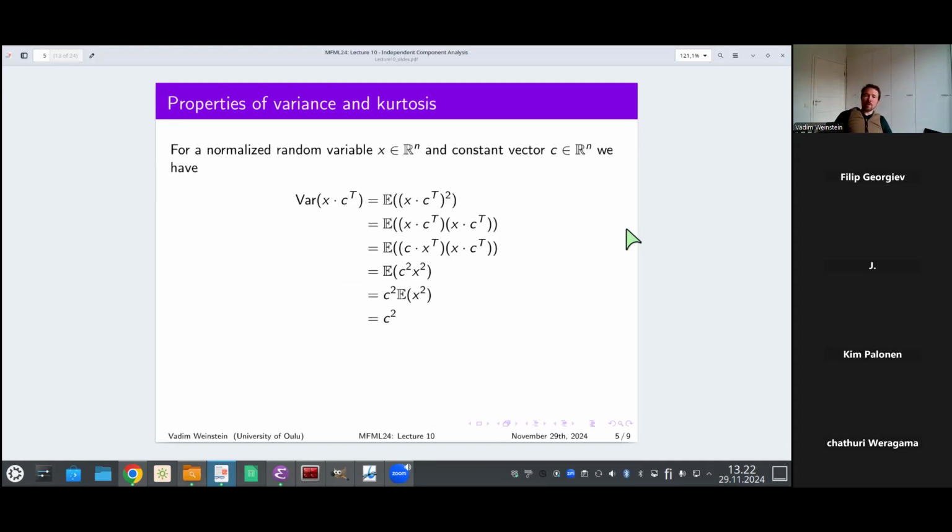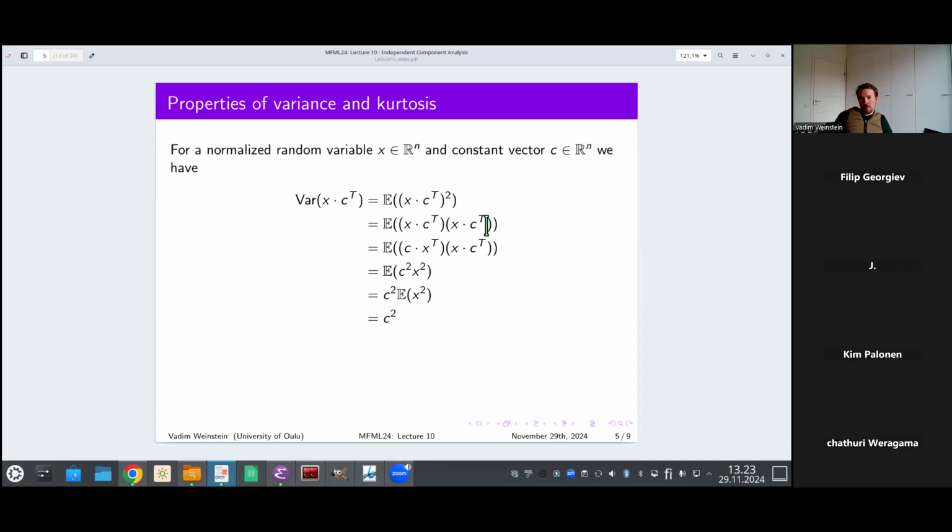Another observation is that if we have a random variable x, which is normalized, and a constant vector c, we see that the variance of this dot product is just c squared. We use this observation for the first time now. Let's open it up. Variance is the expected value of the square.